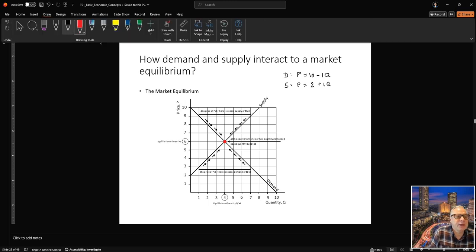So now let's say the price is 9. Well, at the price of 9, quantity demanded is 1 and quantity supplied is 7. So we have excess supply. So what happens when there is excess supply? That means that you can think of it that there are lots of items on the shelves in the store that nobody buys.